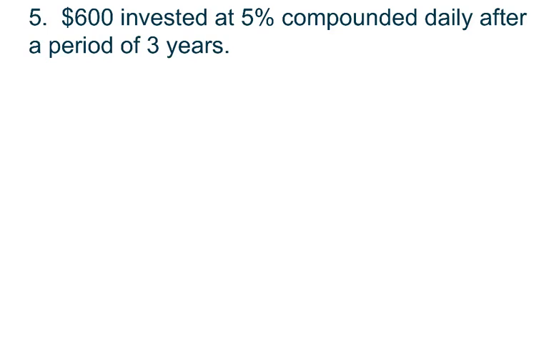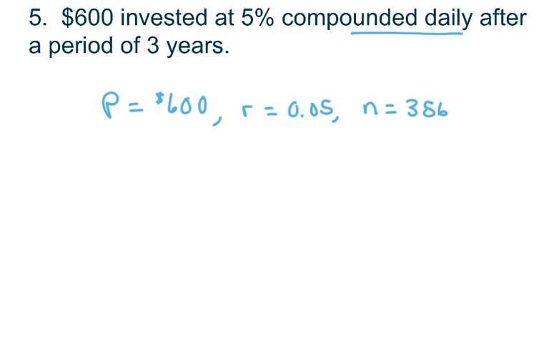Okay, 2 more. We have P equals 600. R equals 0.05. N equals 365. It's compounded daily. And T equals 3.